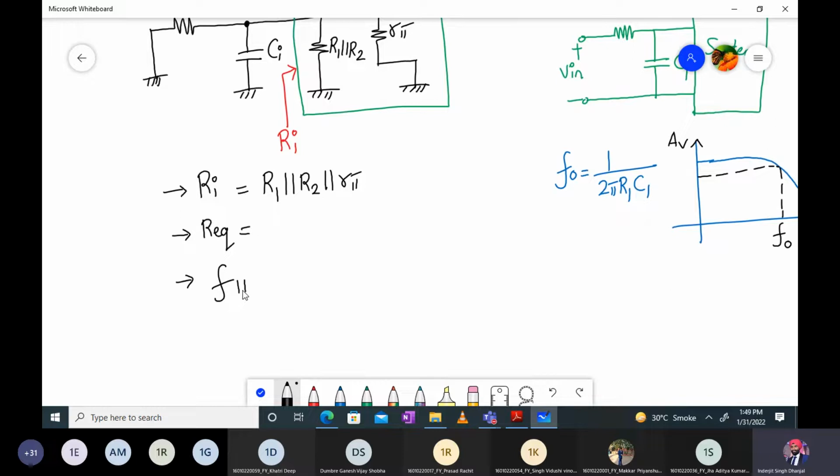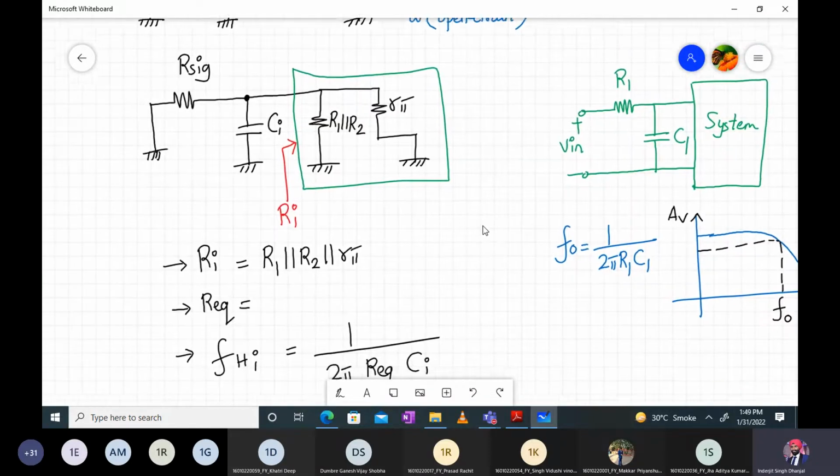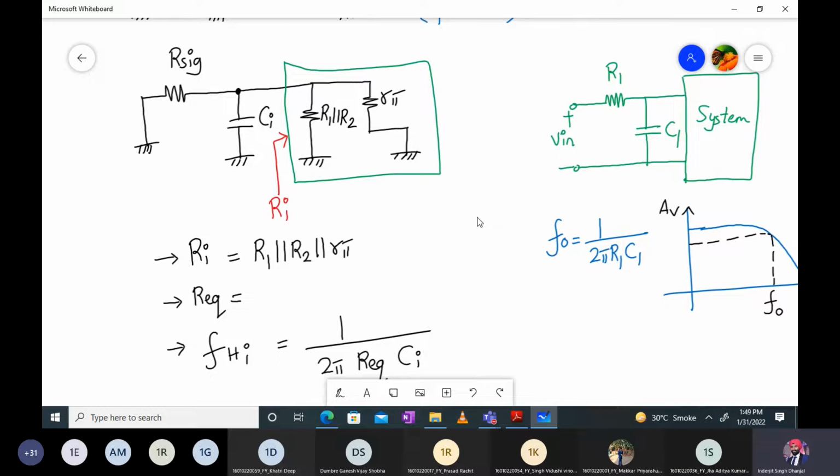Because FHI will be 1 upon 2 pi R equivalent into Ci. That's the value of FHI, and that's why we are calculating R equivalent. Now please tell me, someone. I hope that I am still audible. So please respond and tell me what R equivalent will be, whether it's R sig plus Ri or R sig parallel to Ri. Quickly, please tell me.